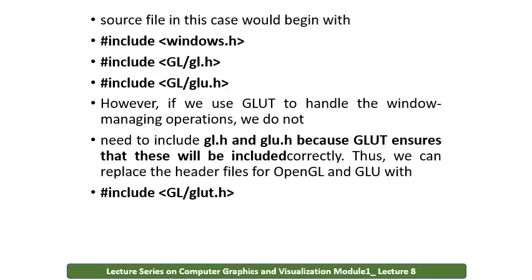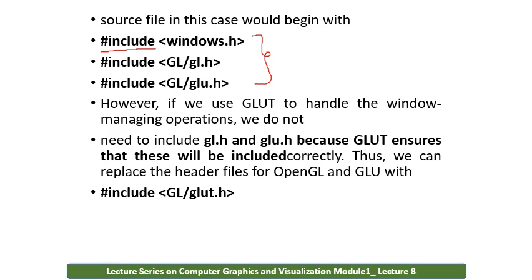So the main header files consisting of the OpenGL toolkit are windows.h, gl.h and glu.h. If you want to include any of these libraries, it is preceded with #include. These are called preprocessor directives, and they include the library.